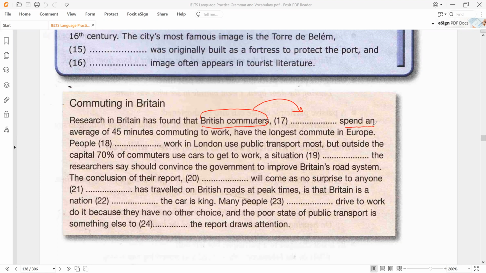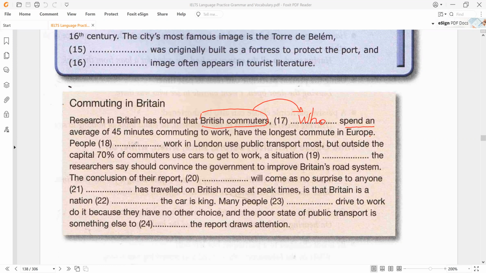British people, British passengers. Who or which? Who? No, people. Yes. So, who spend an average of 45 minutes commuting to work, have the longest commute in Europe.